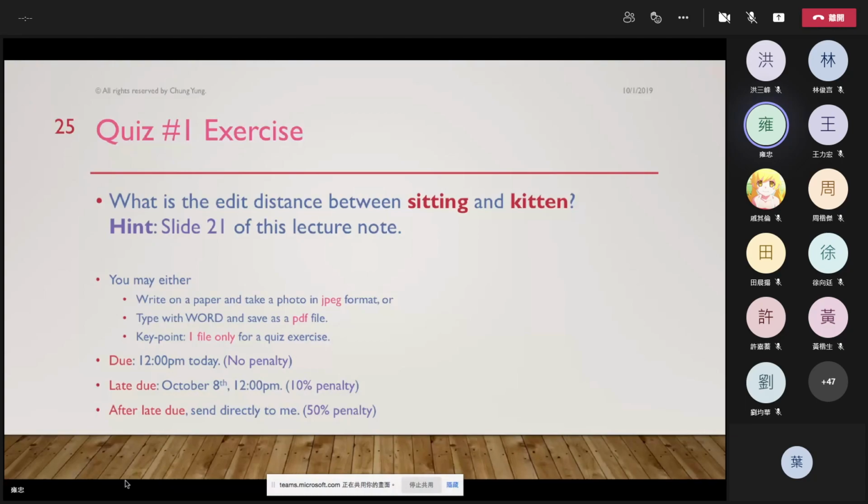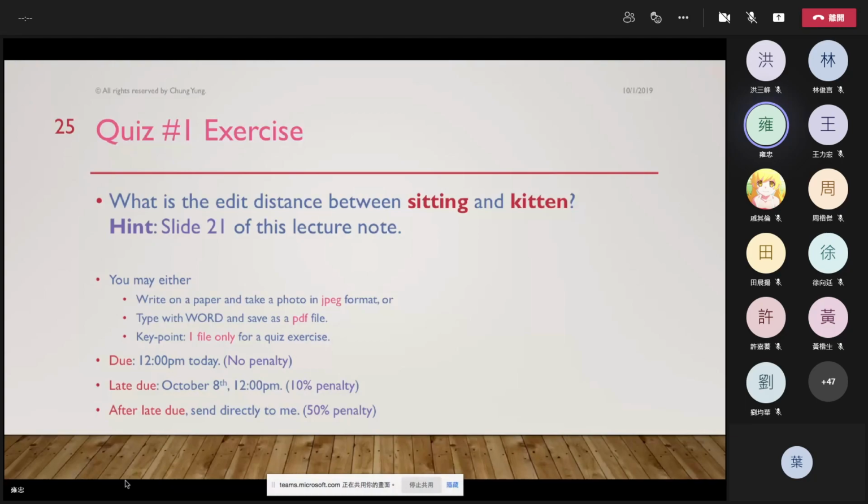We only allow 1 week lateness. But if you're sending the exercise in the late due, there will be a 10% penalty. Basically, I don't want you to hand in after the late due, but if you insist, I will take it, but with 50% penalty.